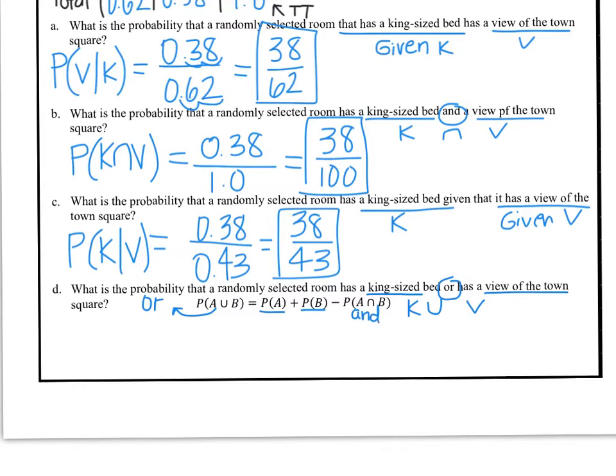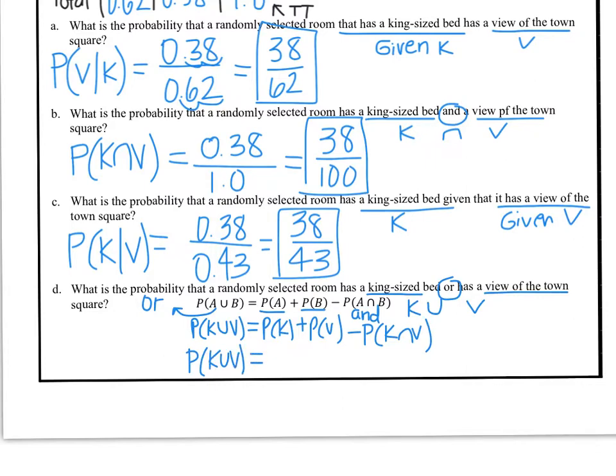Okay, so when we put it in terms of this problem, we're going to do probability of king-size bed or view is equal to P of K plus P of the view, so probability of king size plus the view, subtract off their intersection of K and V. Okay, so P of K union V, we're going to fill in what we know.